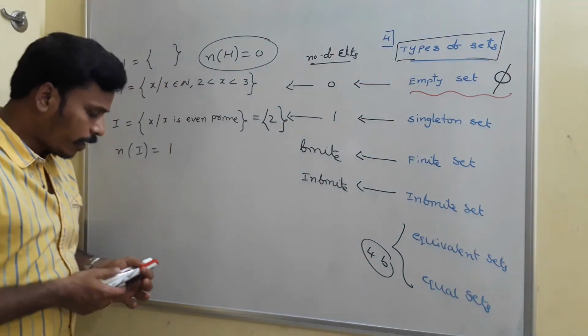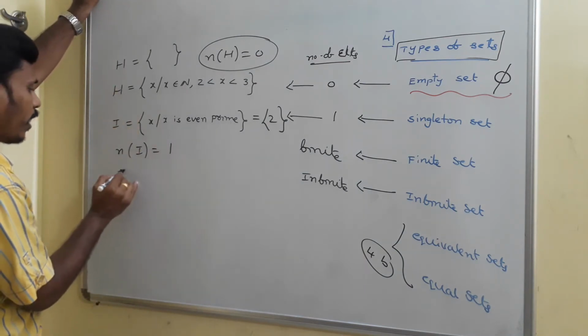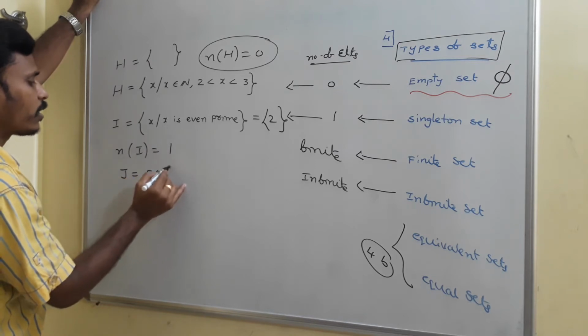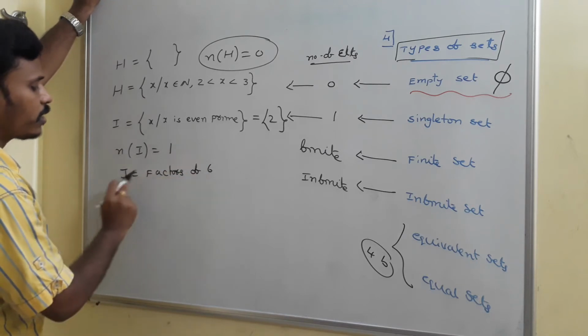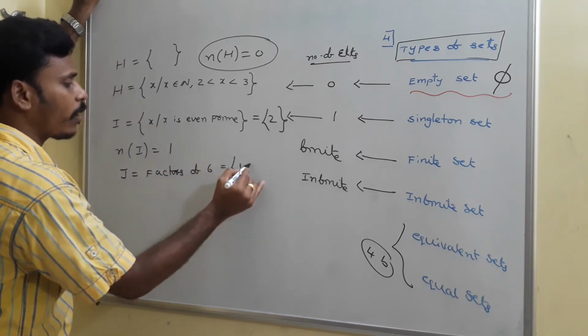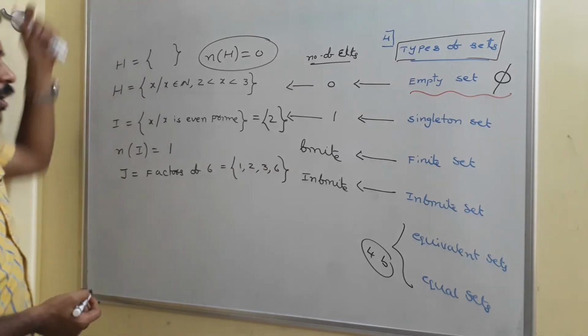For example, another example, if I say J is equal to factors of a number 6. J is equal to factors of 6. If you list out all the factors of 6, they are 1, 2, 3, 6. Is it right? Are there any other factors?